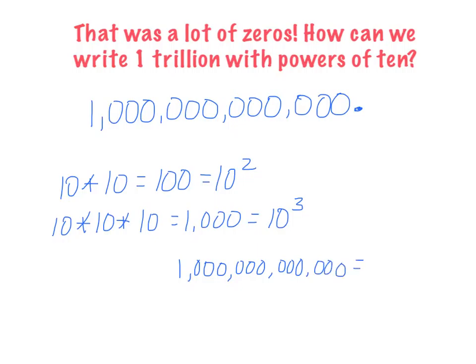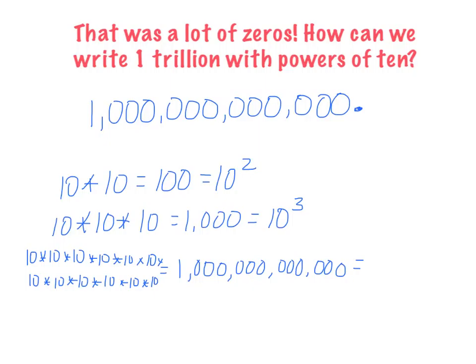So, we have 12 place values. I'm going to have to write kind of small. 10 times 10 times 10 times 10 times 10 times 10 times 10 times 10 times 10 times 10 times 10 times 10. Wow, that was a lot.